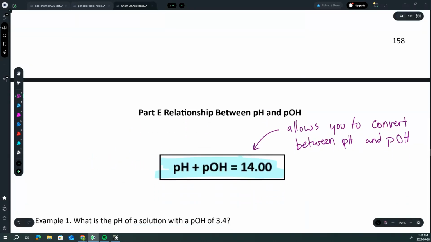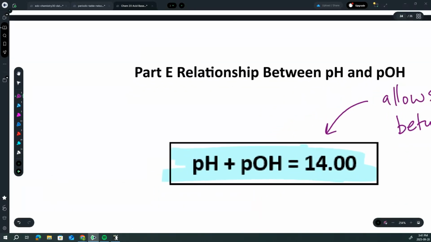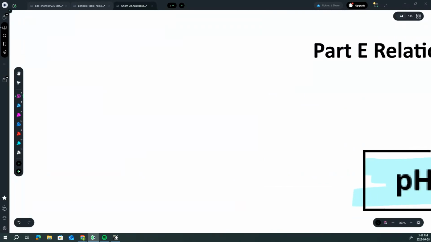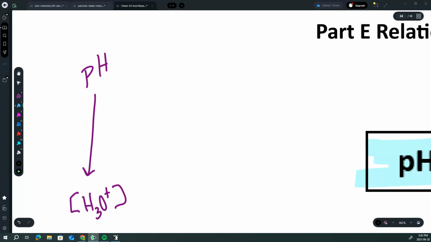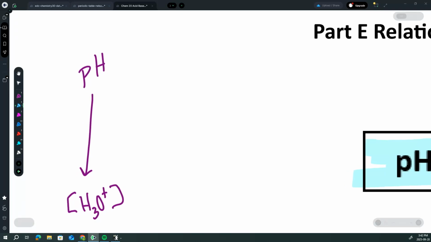Okay, because just as a reminder here, so I'm going to write this over here. So pH is used to find concentration of hydronium. How do you do that? By using this formula. So hydronium is equal to 10 to the power of negative pH. That's how you'd find that. Okay.